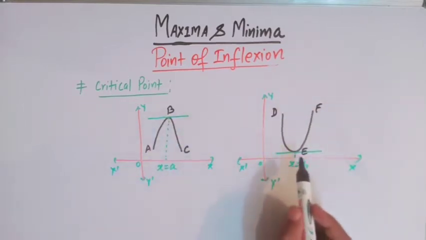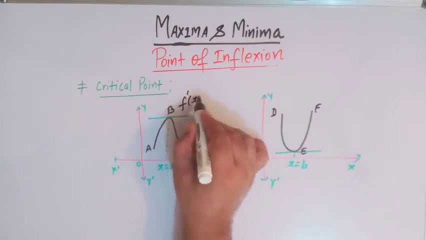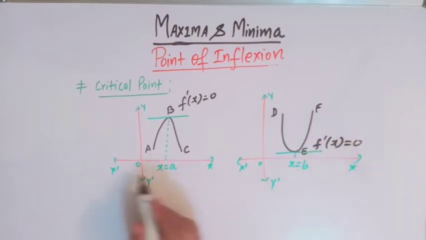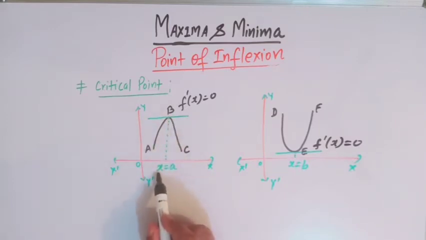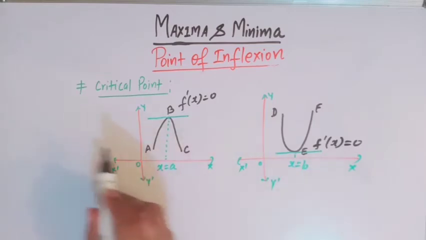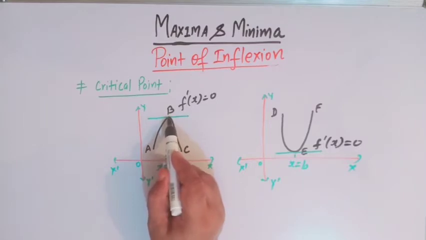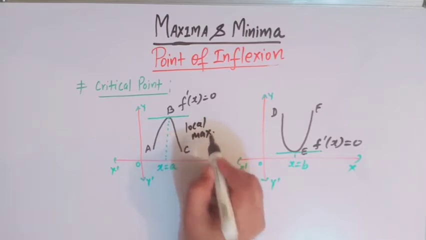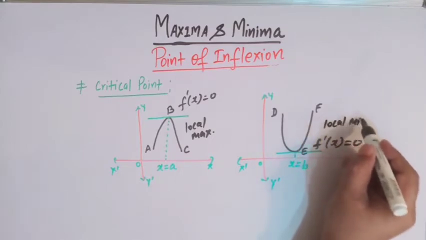At point B and E, we see that the derivative is 0 and the tangent is parallel to the x-axis, right? Clear? So here the points x is equal to a and x equal to b are the critical points. Clear? And here this point B is a point of local maxima, and the point E is a point of local minima, right?